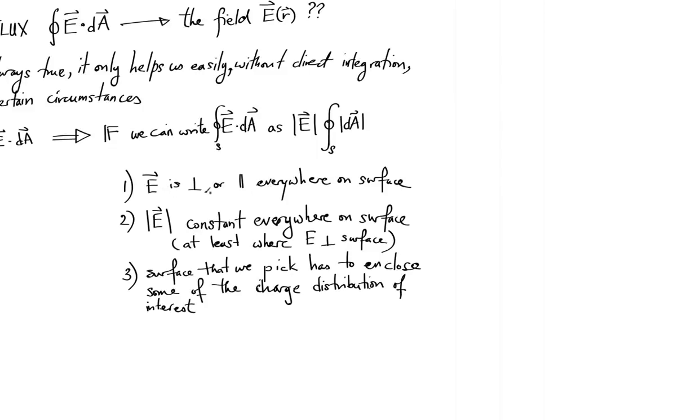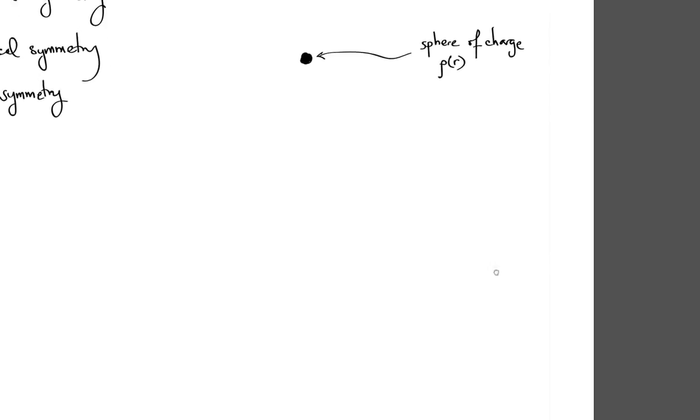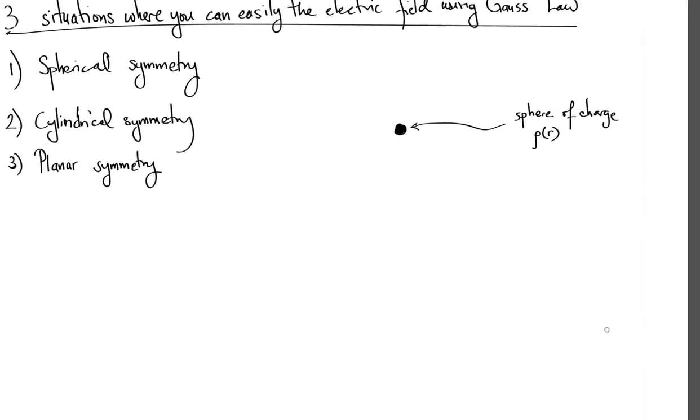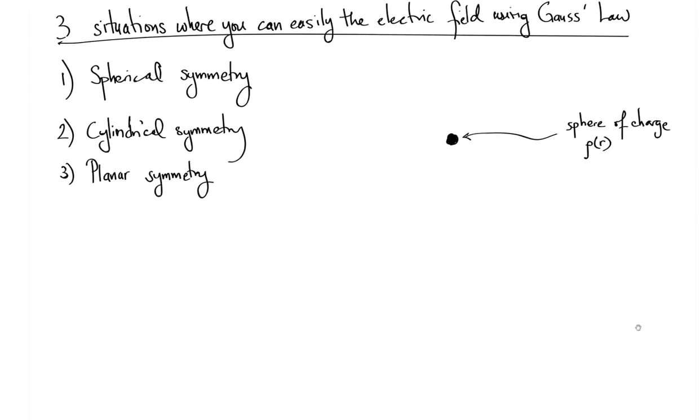The first is that the electric field is perpendicular or parallel everywhere on that surface. The second is that it's constant everywhere on that surface. And it has to enclose some of the charge distribution of interest, right? There's any number of surfaces I could draw for this that wouldn't work, okay? So I'm going to start by drawing some surfaces that wouldn't work.